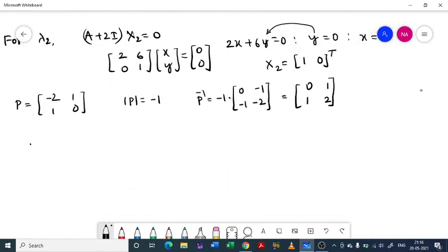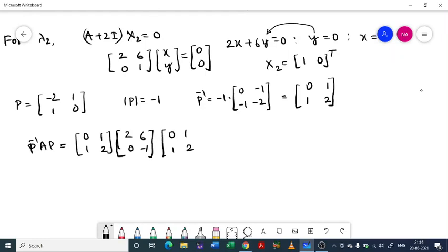Now P inverse AP will be [0 1; 1 2] times A, which is [2 6; 0 -1], into P, which is [-2 1; 1 0].